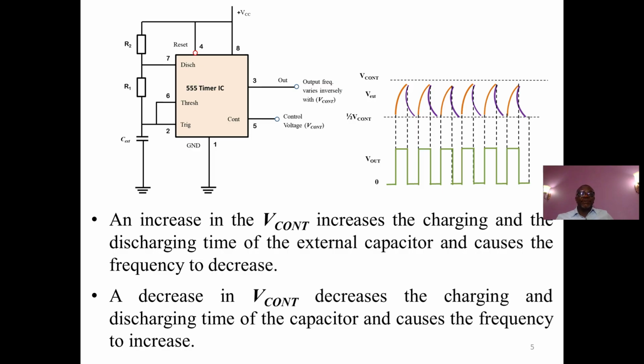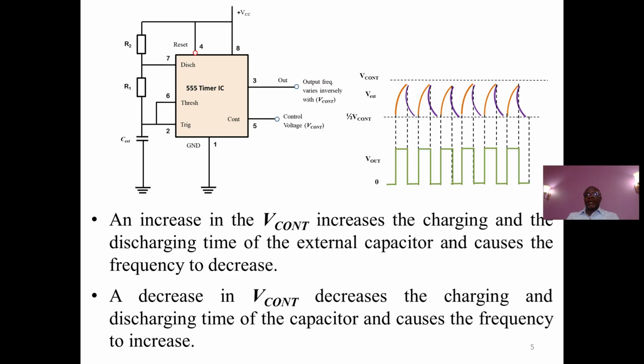Now what happens is that as this V control is increased, the charging and discharging time of the external capacitor, the C external to the left, causes frequency to decrease. And as the V control decreases, the charging and discharging time of the external capacitor, which we label C external, causes the frequency to increase.